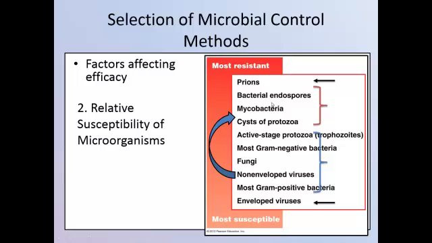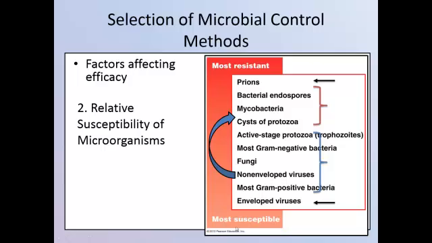If you're trying to get rid of bacterial endospores, say anthrax endospores that have been put through the mail and have now contaminated several post offices in the DC area, I'm thinking what happened in 2001, then you're going to want to use higher level microbial control methods than you would to get rid of the athlete's foot fungus.